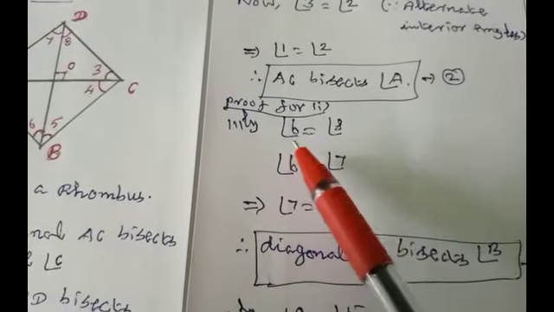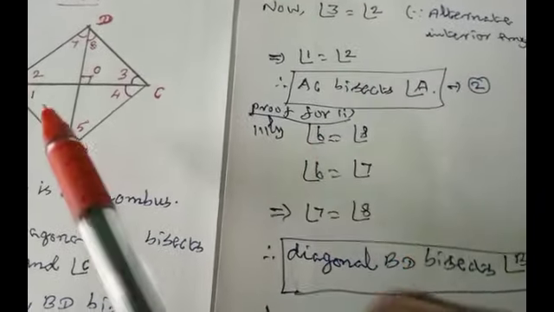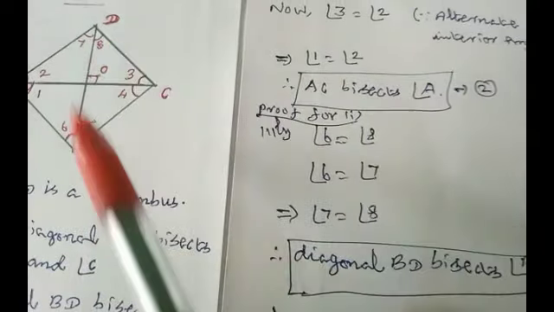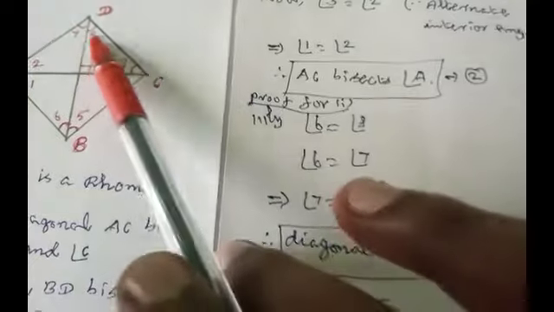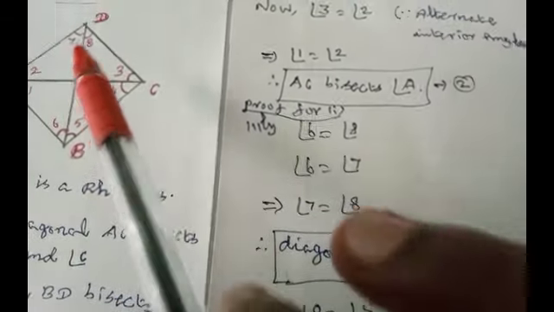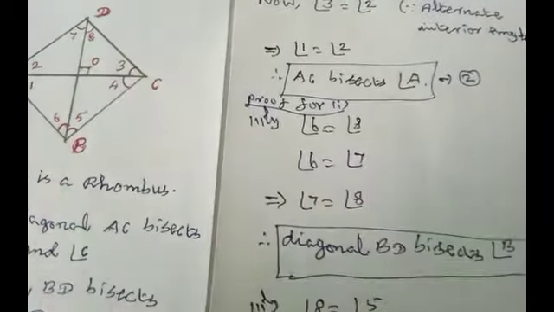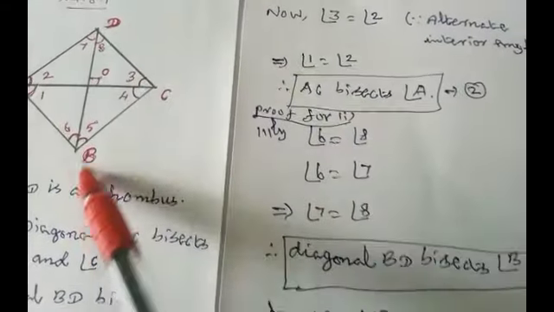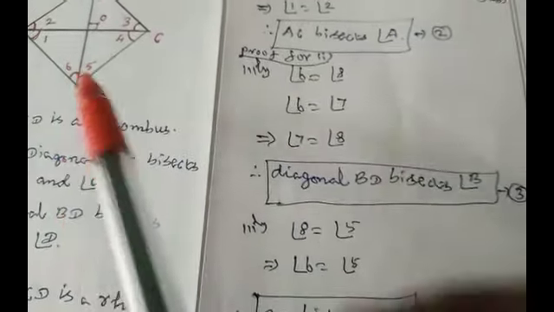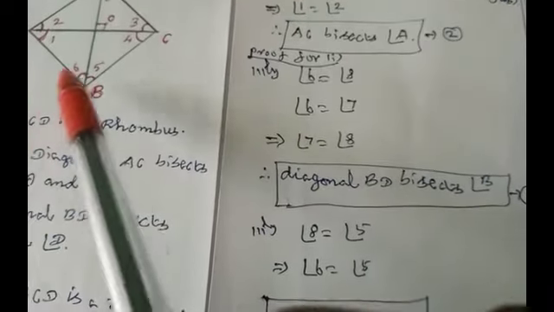Now similarly we can say angle 6 is equal to angle 8. Angle 6 is equal to angle 8. Alternate angles. And also angle 6 is equal to angle 7. Okay. And similarly we can say angle 7 is equal to angle 8. Therefore the diagonal BD bisects angle B. Okay. Similarly, we can say angle 8 is equal to angle 5 and angle 6 is equal to angle 5.